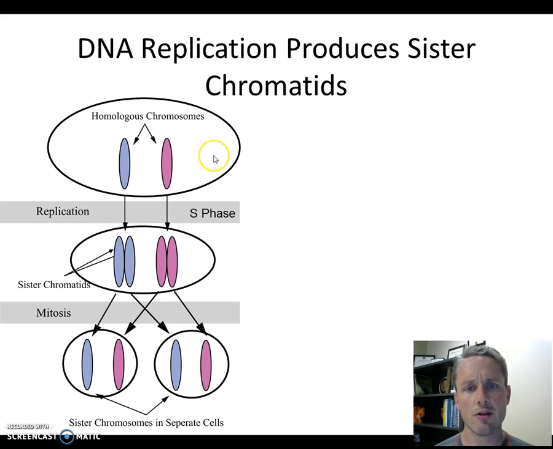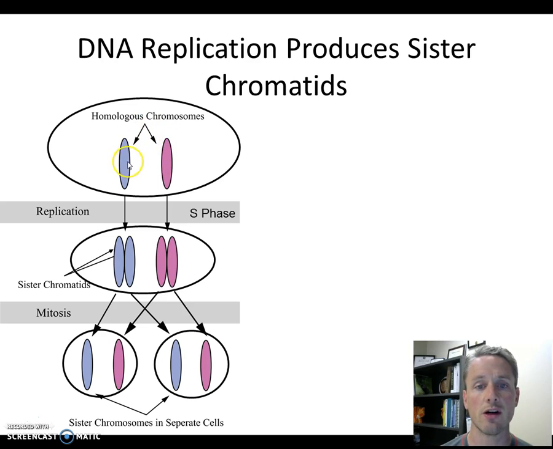So here's another drawing that represents those chromosomes before S phase, after S phase, and then after mitosis. Here again, I've got these bars to represent our chromosomes. This is in a somatic cell. Remember, somatic cells are diploid. They have 2 copies of each chromosome.